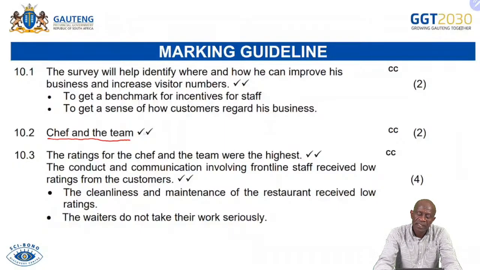10.3, the rating for the chef, that's when they say give reason why you think the chef should be compensated or should be given incentive for their job well done. So the ratings in answering 10.3, giving the reason, the rating for the chef and the team were the highest.